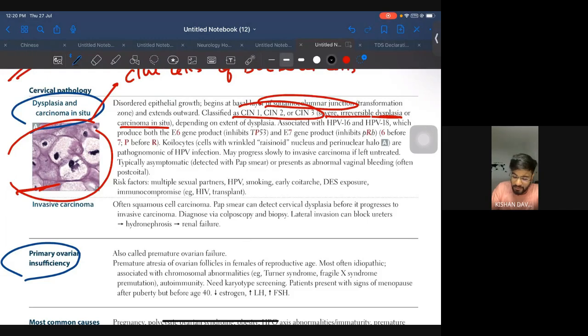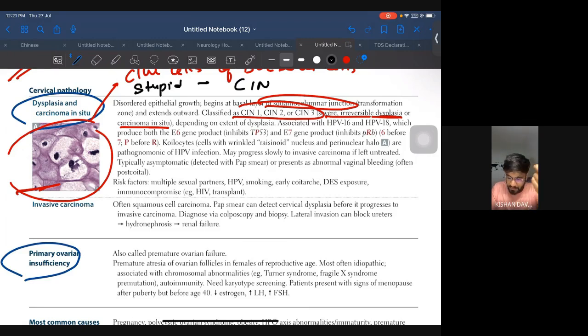Now, one question in the exam, such a stupid question I got, was this. They made the diagnosis. They told me that it was CIN, and in the bracket they wrote cervical intraepithelial neoplasia. And in the options, they asked what type of neoplasia you are seeing.